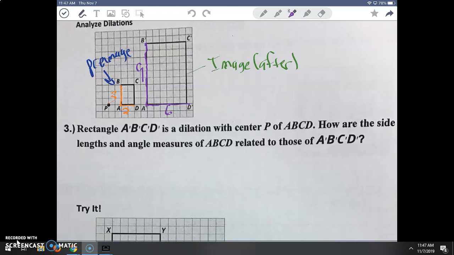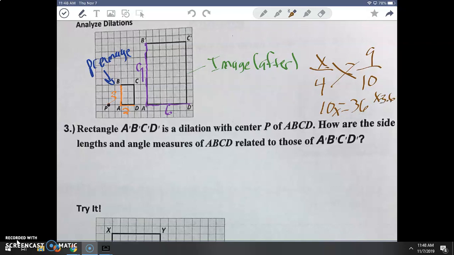Remember when you did ratios, probably back in Algebra 1, and you had two fractions set up and you cross multiplied, so you end up with 10x is equal to 36. So x equals 3.6. We're doing the same thing here in a way.